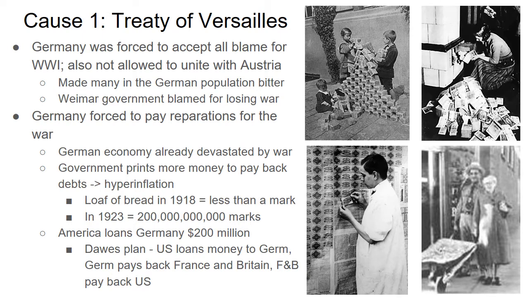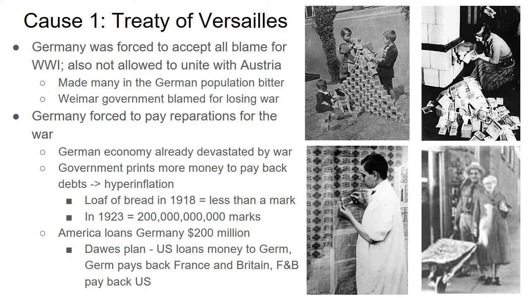Money becomes so worthless that it's easier to use it for other purposes than it is to use it to buy things. So on the top left, we can see people have kind of bundled stacks of cash into little blocks for children to play with. The woman on the top right is using money as kindling because that is cheaper than buying firewood. And the man on the bottom right is using money as wallpaper because that's cheaper than buying actual wallpaper.